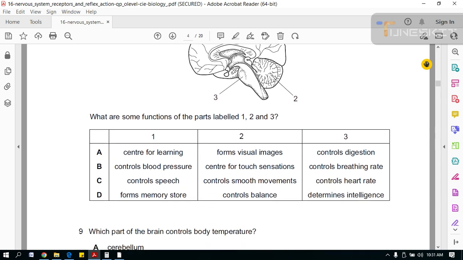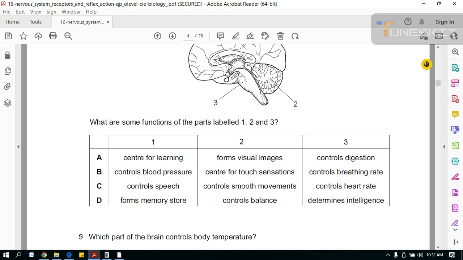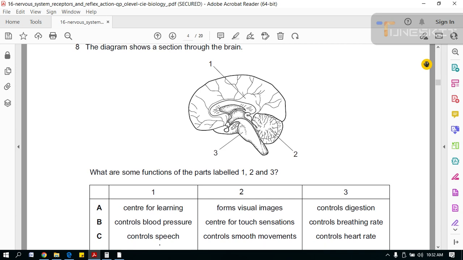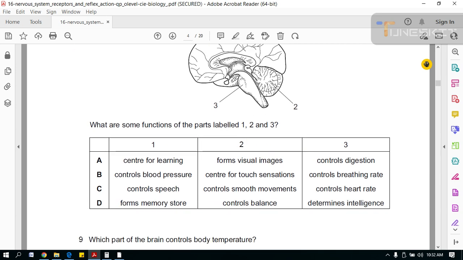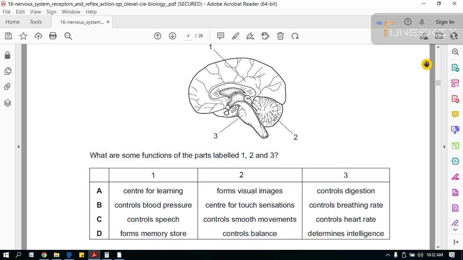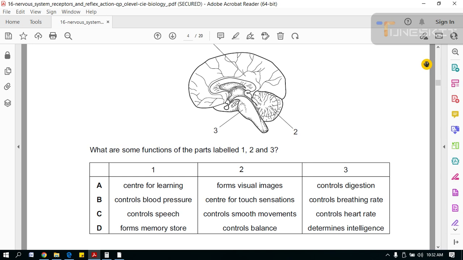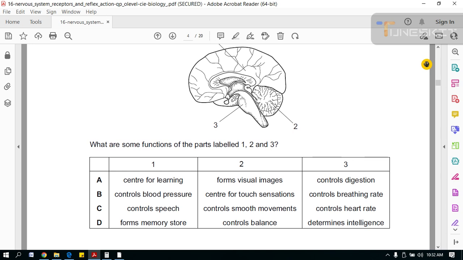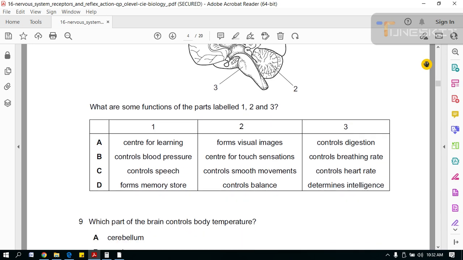Now we will discuss the options here. Center for learning, yes, it is a function of cerebrum, part 1, but forms visual images, no. Part 2 is involved in coordination and balancing, so it is wrong. Option B, control blood pressure, center for touch sensation, control breathing rate, is not correct. C is also not.